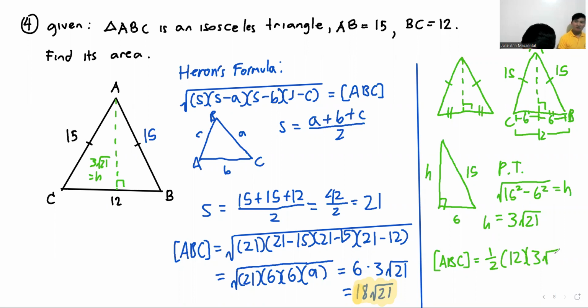So one half of 12 is 6, times 3 square root of 21, is equal to 18 square root of 21. Yes, we get the same answer. Nice.